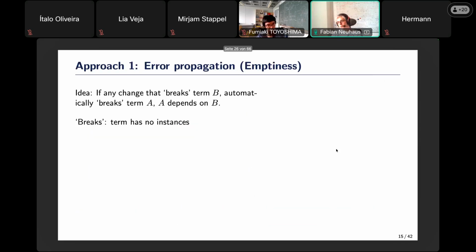One intuition is that two terms depend on each other if, when you break one, the other breaks. What do I mean by break in the case of an ontology? One way of making a mistake would be providing an axiom which makes the class empty. If a term has no instances, that's probably not intended in an ontology.